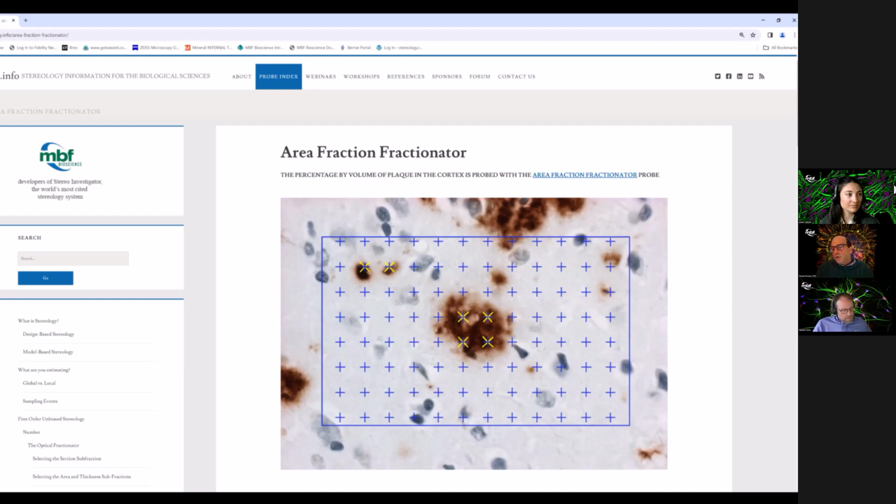Yeah, you can answer that question for yourself empirically by trying the 20 times objective. And I think you're going to find that you do not have many planes through your cell, and therefore you can't optically shave off a top of the cell. And I actually read a lot of the optical fractionator papers that come out, and the biggest mistake people are making is counting at low power.